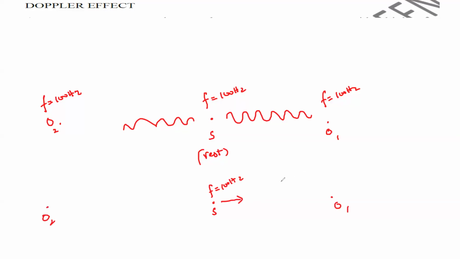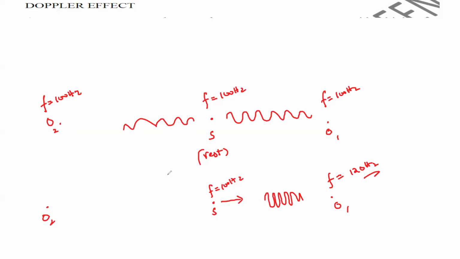Now what will happen due to the relative motion, as the source is approaching the stationary observer? The number of waves received by observer one per second will increase. So if the source is producing 100 hertz, observer one will receive 120 hertz, more than what is produced, and it is apparent.